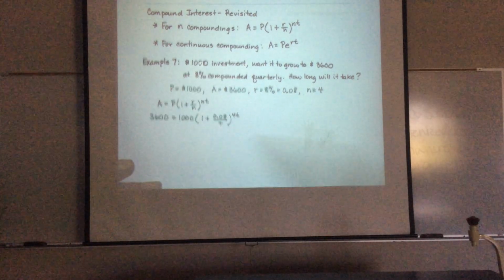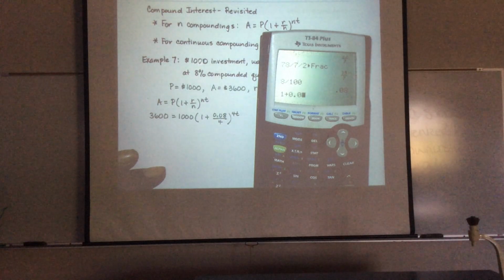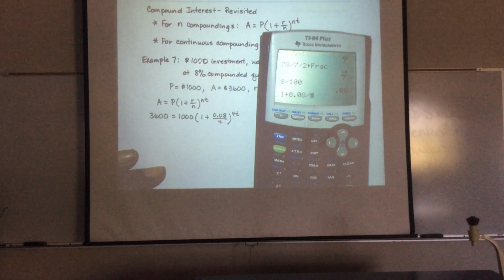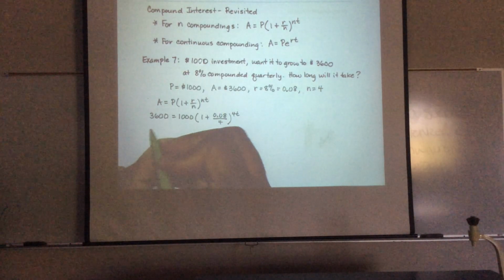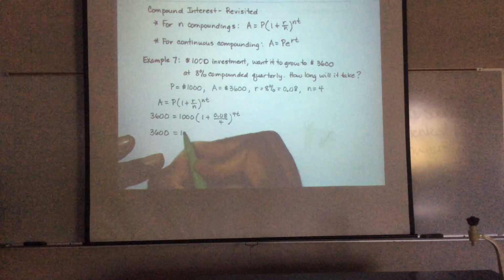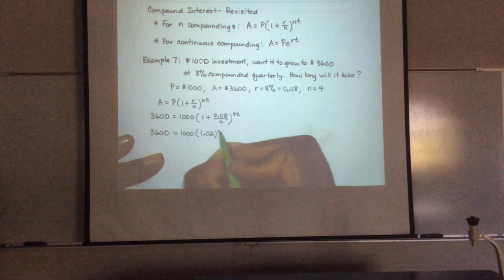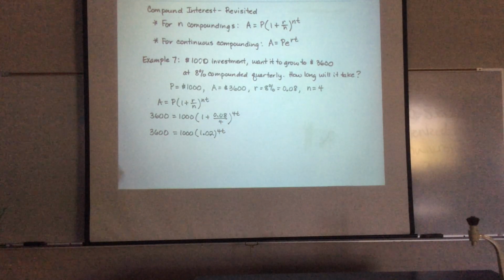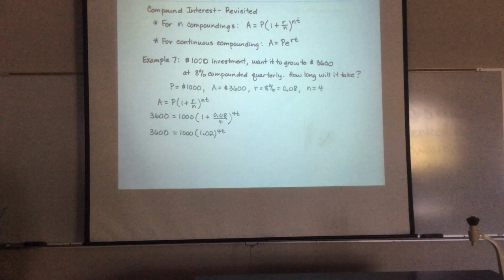Now I'm going to simplify what's in the parentheses here. If I have 1 plus 0.08 divided by 4, that would give me 1.02. So this will be 3,600 is equal to 1,000 times 1.02 raised to the 4 times t power. Now here I have an exponential equation, as you can see.